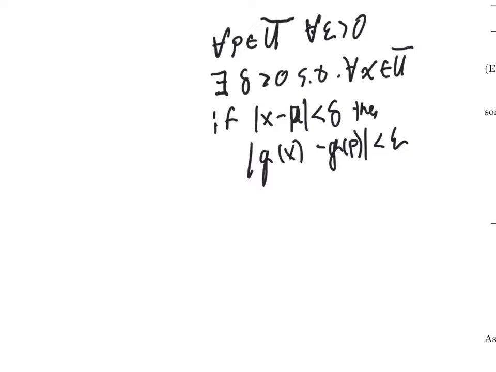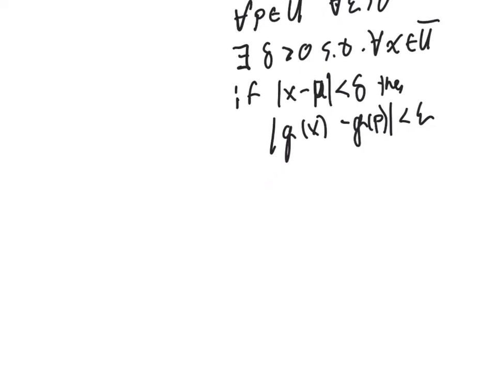Alright, so this is just going to be a sketch. So let's maybe say this much: let p be in U and epsilon be greater than 0. Well, I won't be able to declare delta explicitly, so maybe I'll just put in red "get delta."